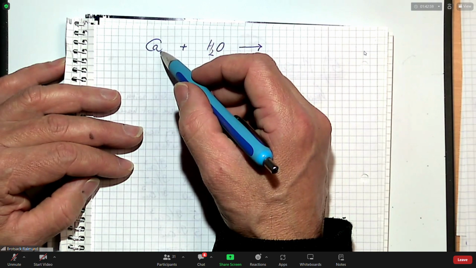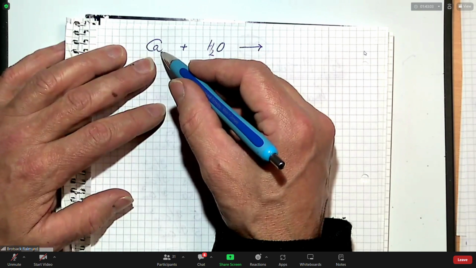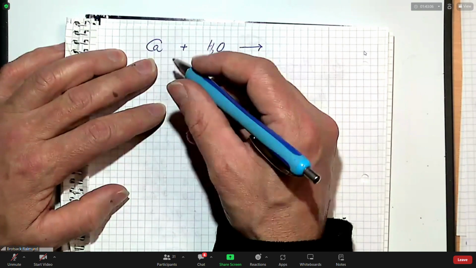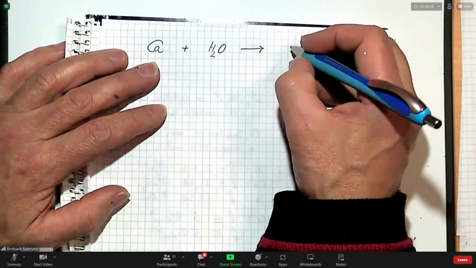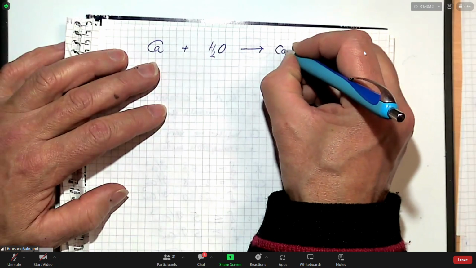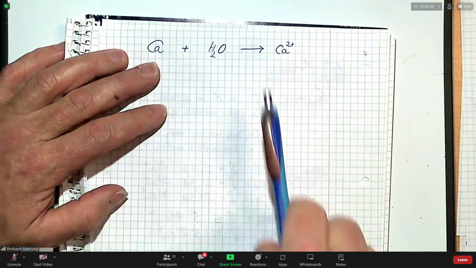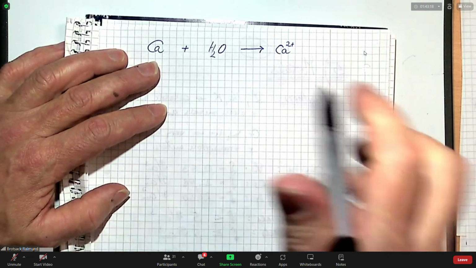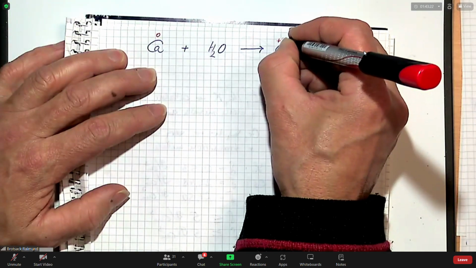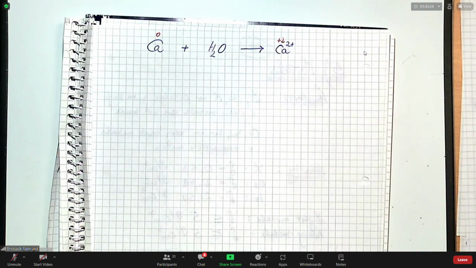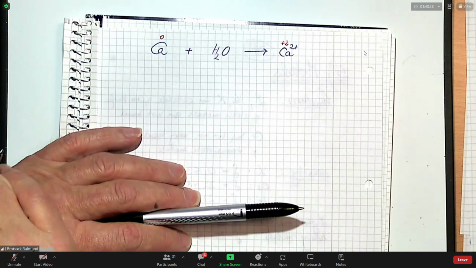It's not stable in the form of elemental calcium. It's not noble. It will be oxidized. So it will form calcium 2+ ions. So here the change is from 0 to +2. That's an oxidation.